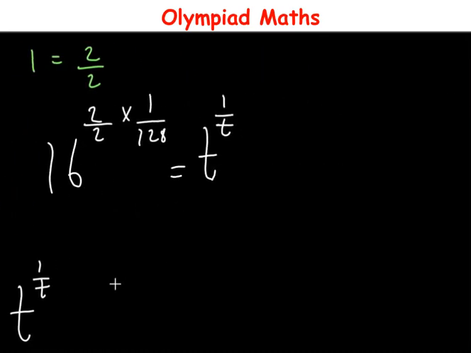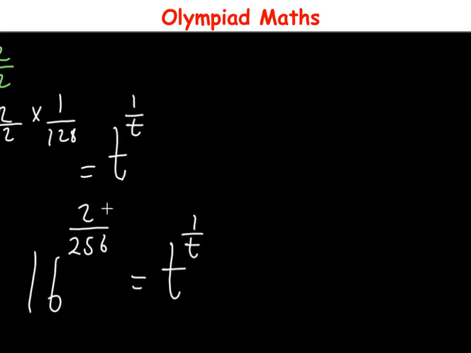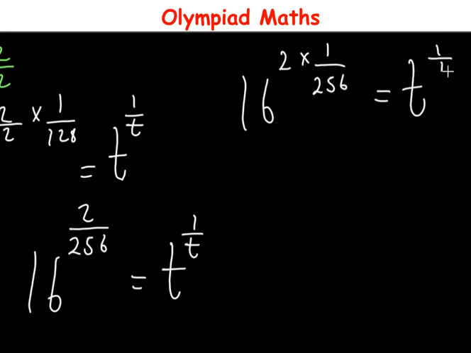Now from here, we have 16 raised to power 2 times 1 is 2 over 2 times 128 is 256, which equals t raised to power 1 over t. Such that with this, we can factorize out power 2 from here. This becomes 16 raised to power 2 times 1 over 256 is equal to t raised to power 1 over t. So applying this rule of indices, if you have a raised to power b times c, this equals in brackets a raised to power b all raised to power c.